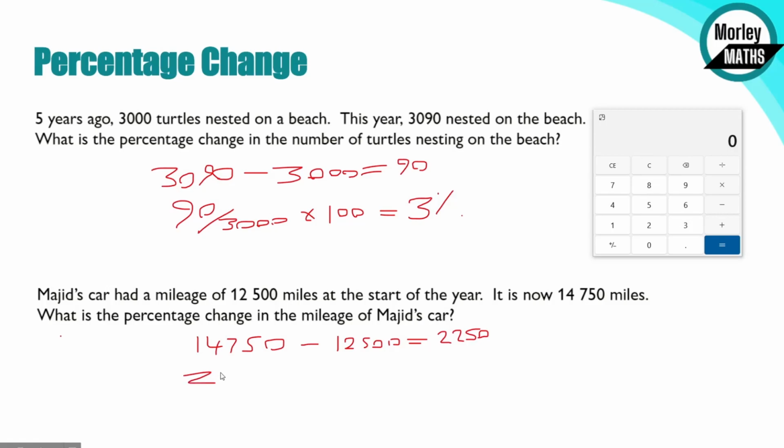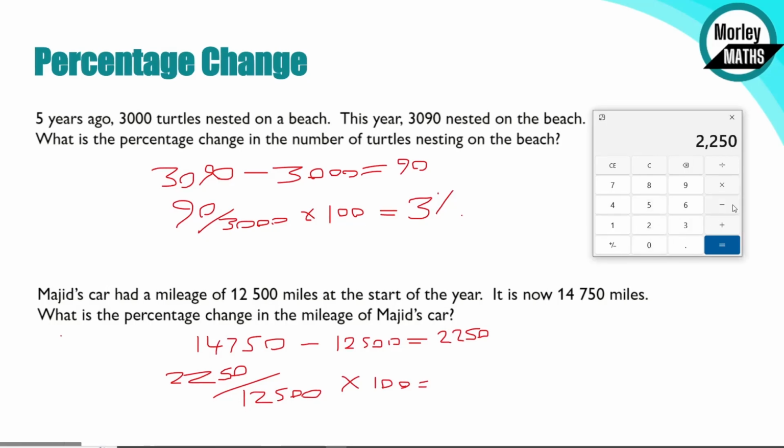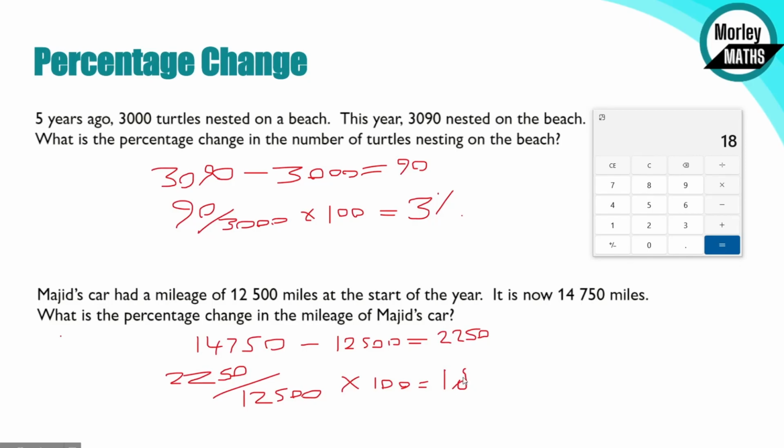I'm going to work out 2,250 divided by the original value, which was 12,500, and then times the answer to that by 100, and that will give us an answer of 18%. His mileage has gone up by 18%.